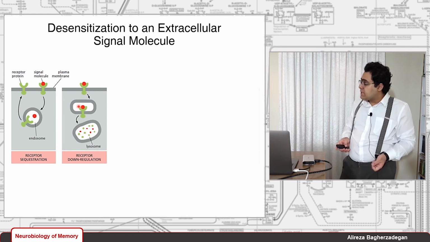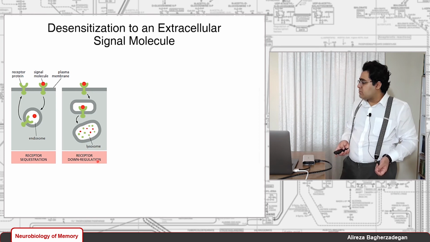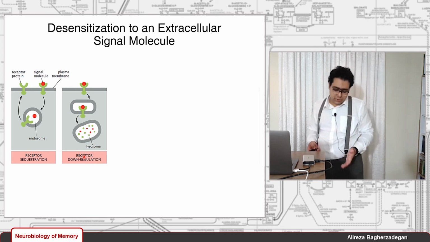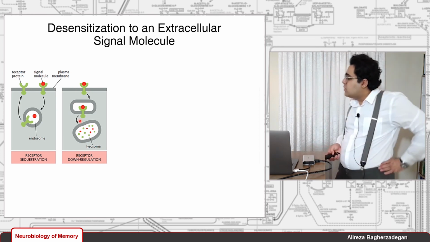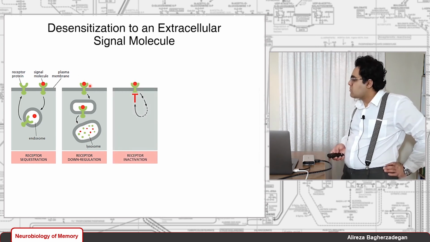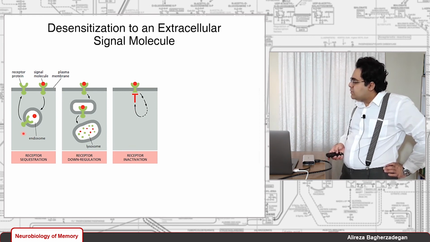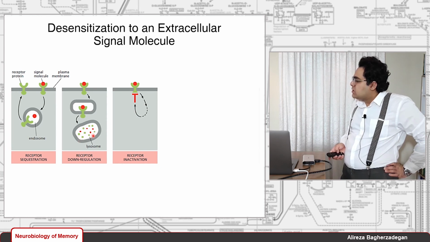The next way is that instead of getting into an endosome, the receptor gets into the lysosome. It's destroyed, the so-called downregulation of the receptor. It's destroyed, and so it's no longer available for the signal. Sometimes the receptor is inactivated instead of being sequestered or destroyed.